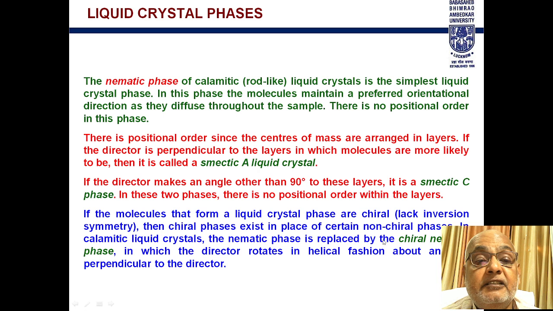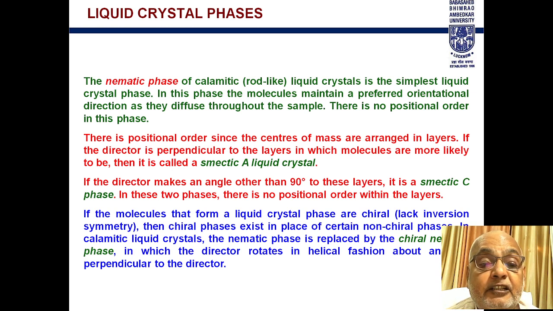The nematic phase of the calamitic, that is rod-like, liquid crystal is the simplest liquid crystal phase. In this phase, molecules maintain a preferred orientation direction and they diffuse throughout the sample. There is no positional order in this phase.